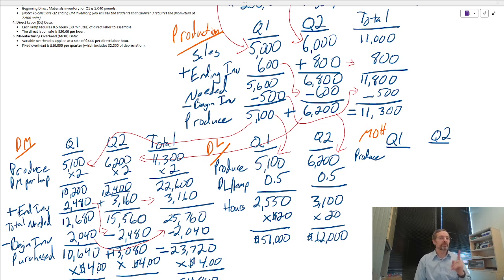Variable overhead, if you remember from previous chapters, goes up for each lamp that we produce. So if we make more lamps, we will probably use more electricity. Whereas our rent on the manufacturing facility doesn't matter how many lamps we produce, the rent is the same, and that is fixed overhead. So we're going to need to calculate these two things separately.